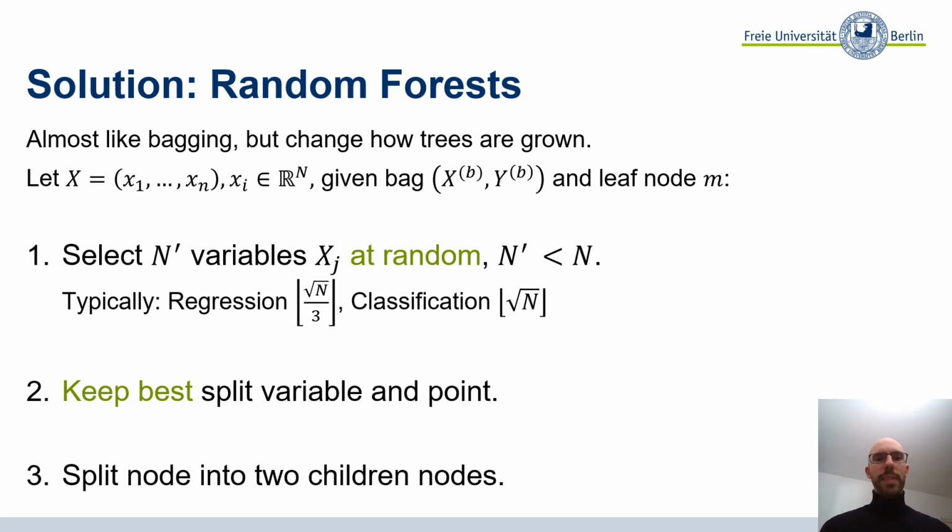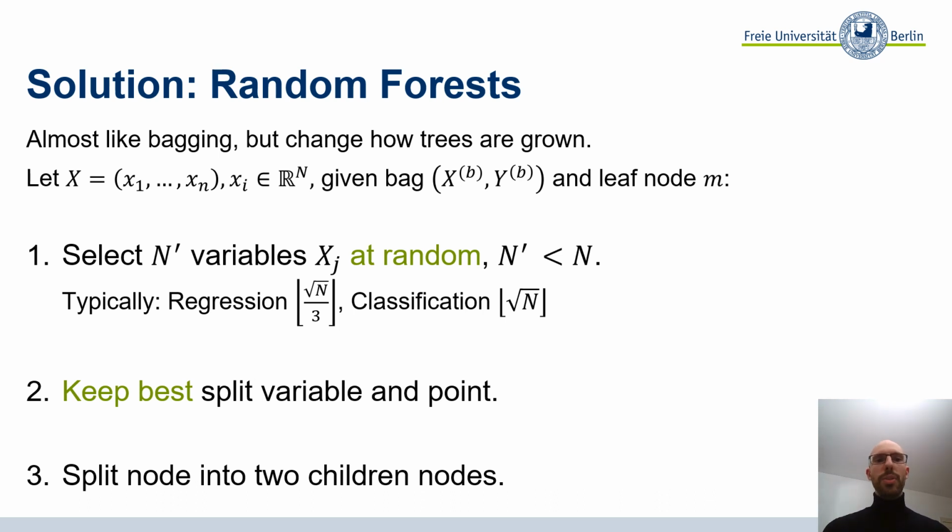And the way we do this, so again, just like with bagging, we bootstrap our data set to get a number of bags. And so let's assume we have trained a model for one of those bags, and we're looking at an individual leaf node M of that bag model.